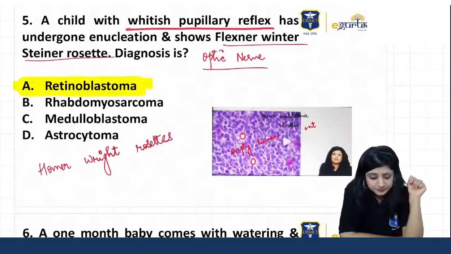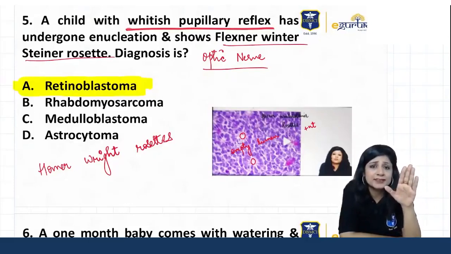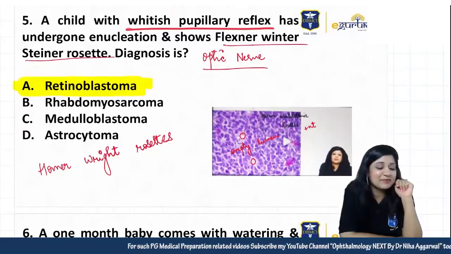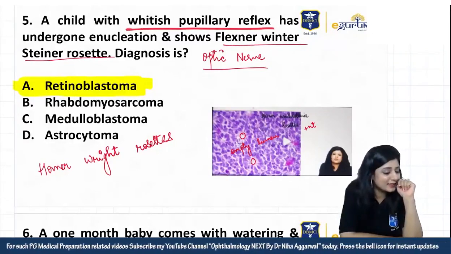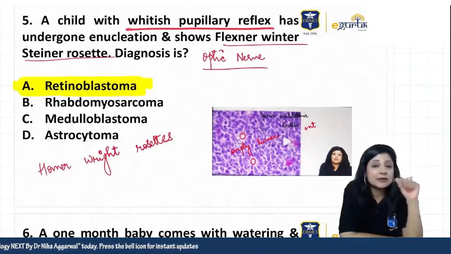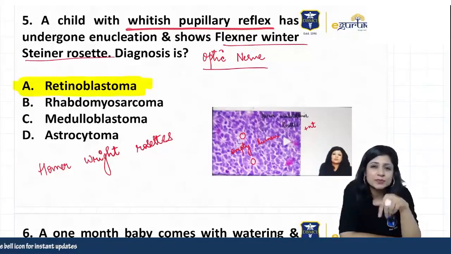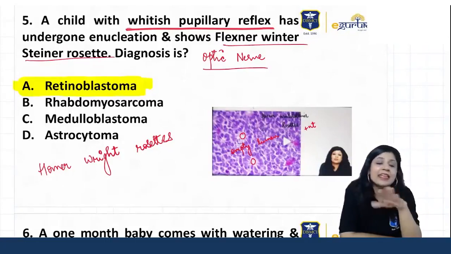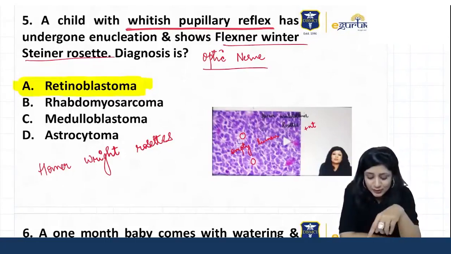Is this question okay? Did they use the word whitish pupillary reflex? It was not leukocoria, I think. Dhrumil says it is leukocoria, but I think they used whitish pupillary reflex. Look at the options, are these options okay? These were the options. I think retinoblastoma and rhabdomyosarcoma were there certainly. I do not know about the other two.